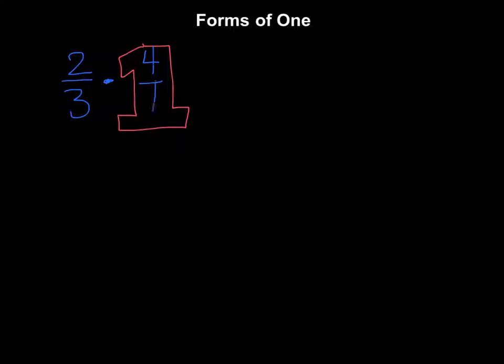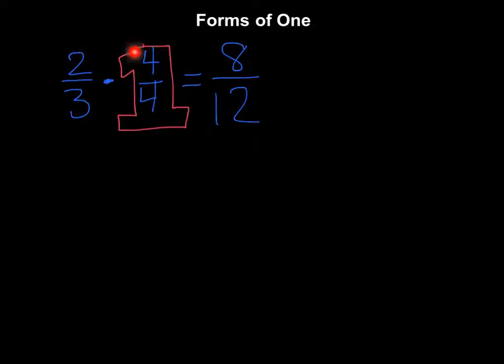So let's start with the fraction 2/3. If I multiply this by a form of 1, which I'm going to put a red giant 1 around just to emphasize that it's a form of 1, we can multiply by any form of 1. Today I'm just going to choose 4 over 4. And our product will end up being the same amount. So 2 times 4 is 8, and 3 times 4 is 12.